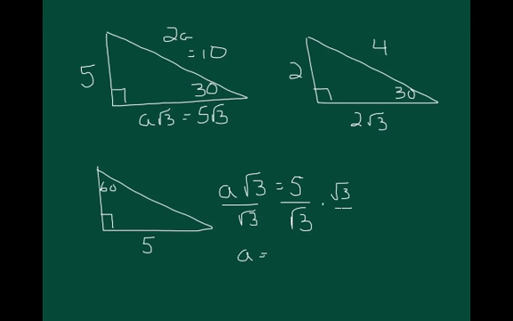And we have simplified, of course, by rationalizing the denominator. So a is 5 root 3 over 3. We always try to get a because once we know that, finding the hypotenuse is easy. You just double it. So the hypotenuse would be 10 root 3 over 3.